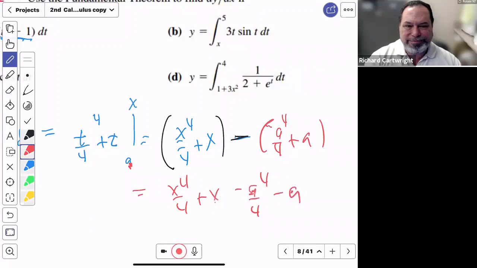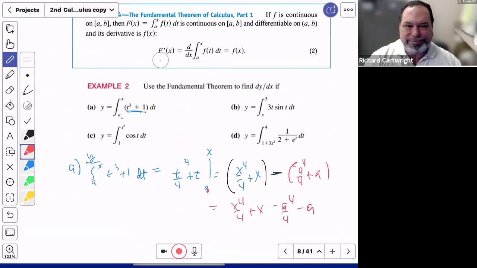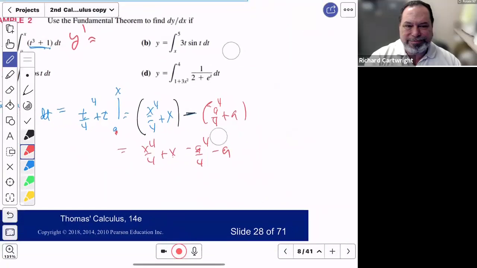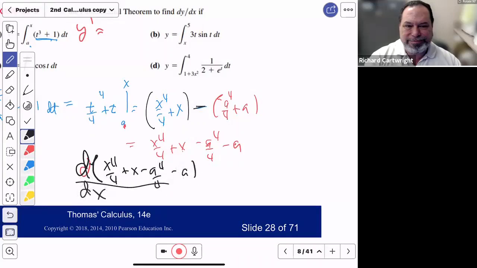It's not a variable. So he really wants me to do y prime. He really wants to find out what y prime is. I'm doing it the long way, and then I'm going to do the shortcut. So now do the derivative of x to the 4th over 4 plus x minus a to the 4th over 4 minus a, all with respect to x.